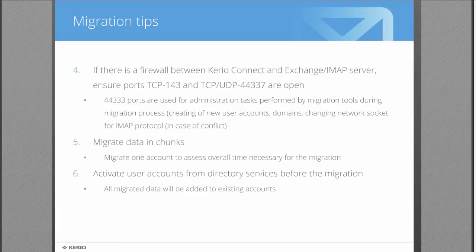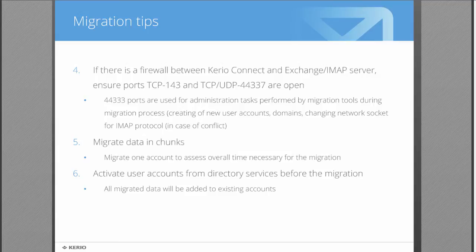Tips, but also information that you need to know. If there is a firewall between the Exchange and the Connect, you need to open not just the IMAP port 143, but also TCP UDP 44337, as well as the one below, 44333.